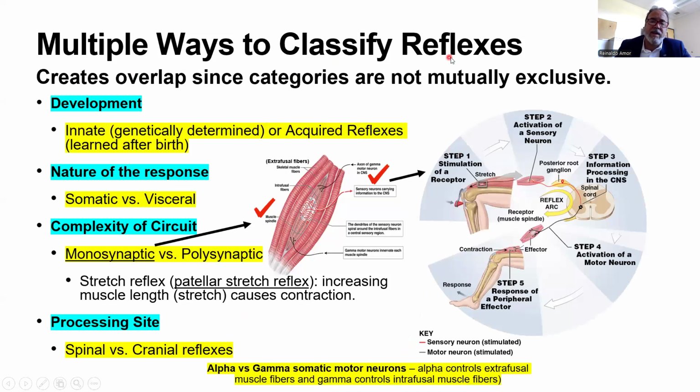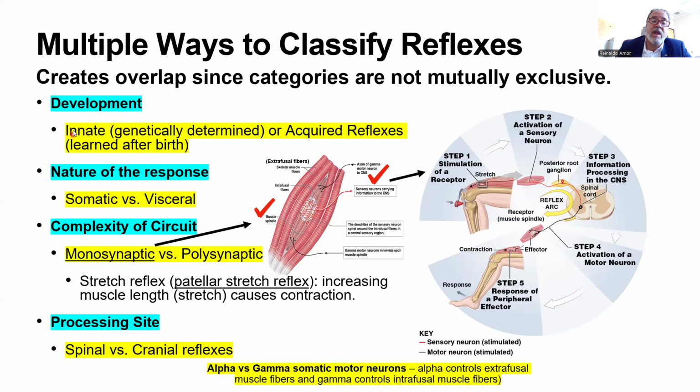Now, reflexes can be classified in a number of ways, so I want you to be familiar with that. For example, you can classify reflexes based on their development, whether you're born with them or you acquire them after birth.